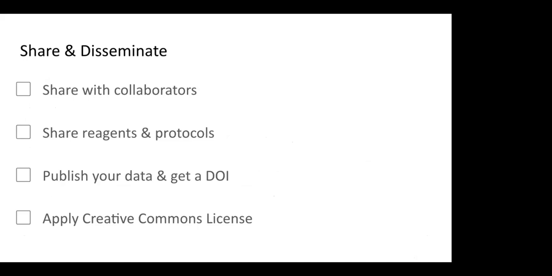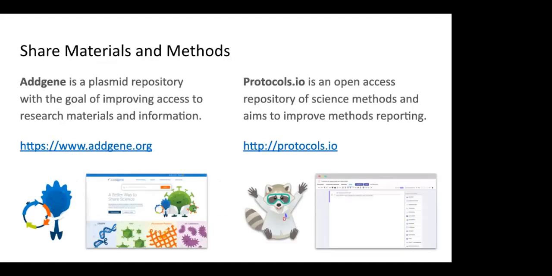So the last step you will come to in your research process is usually when you share or disseminate your work. So here I want to encourage you to think of sharing things other than research articles, but also any materials or methods you may have used. So for example, you may have run into situations where you have to spend time recreating reagents or sometimes use a misidentified tool.